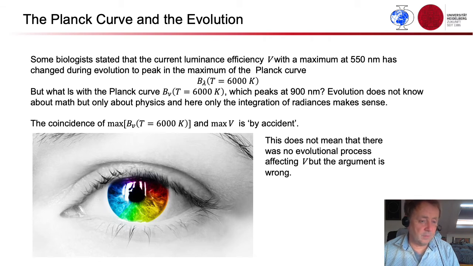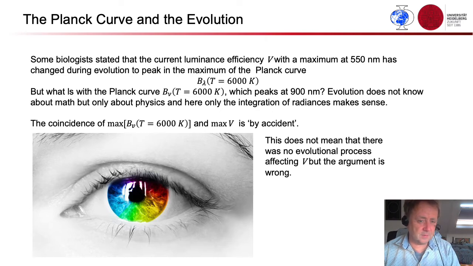So the evolution process caused a selection such that this function peaks at the peak of the Planck curve, and because of that our way of seeing things is optimized. But that's a bit of a weird argument, because we know that the maximum in frequency is not the same as the maximum in wavelength, which peaks at a different wavelength.